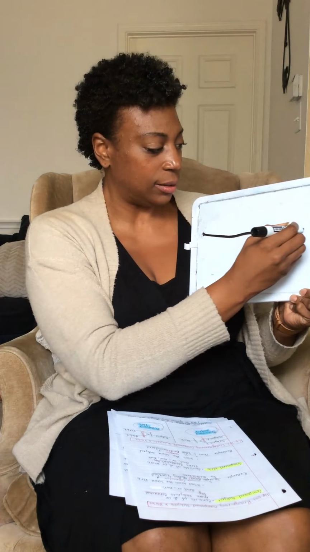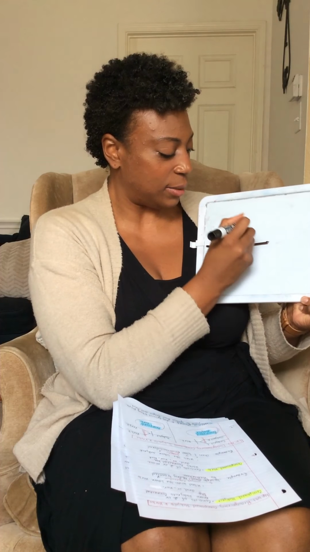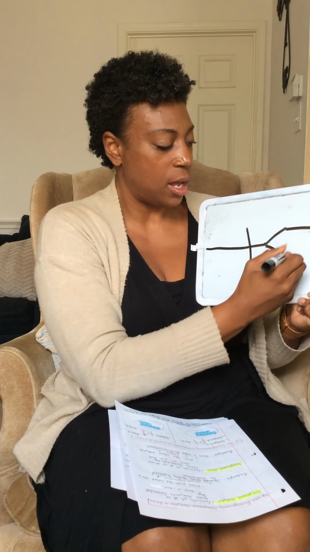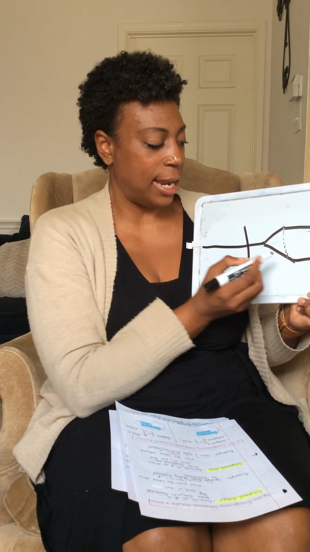The same thing is true if we had a compound verb. So we have our subject. That line's too long. Let me try it again. We have our subject, and then we have our compound verb, our little dotted line here.